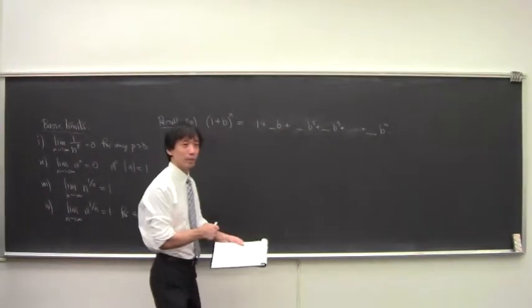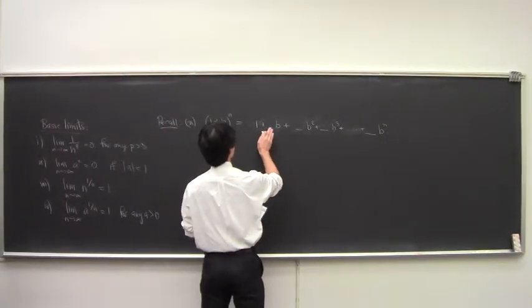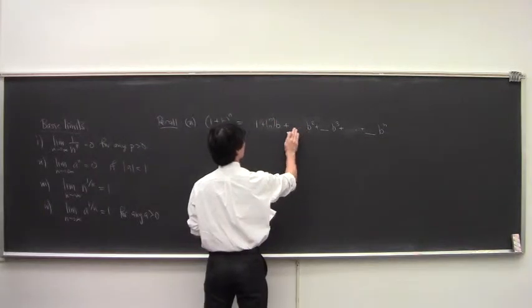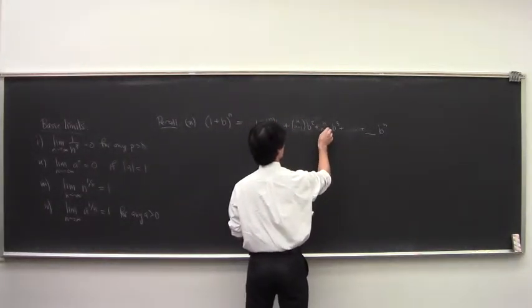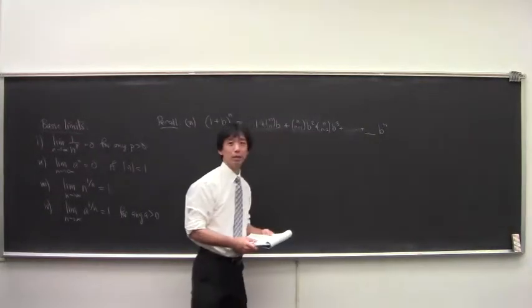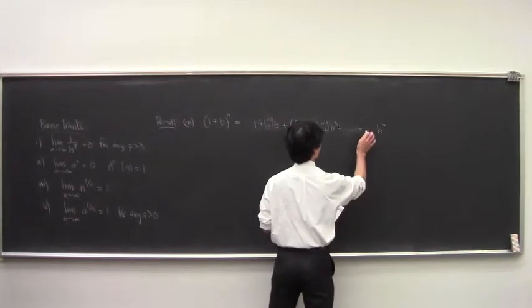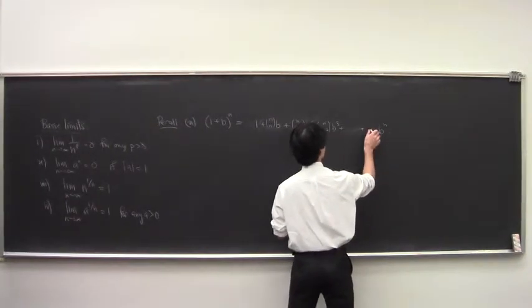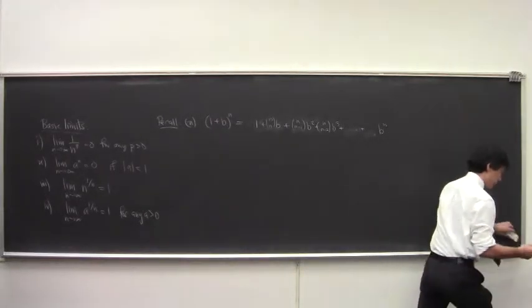Or you can think of them as the choose, right? This is going to be n choose 0, n choose 1, n choose 2, and so on and so forth, down to n choose n.